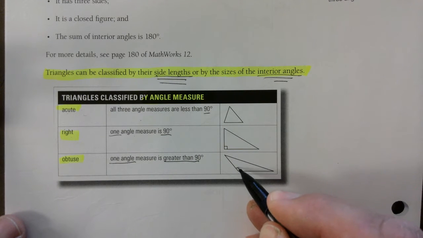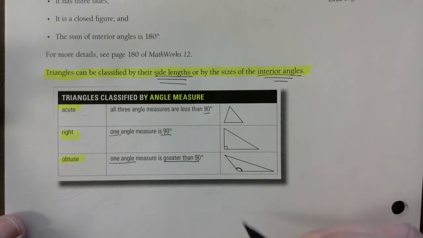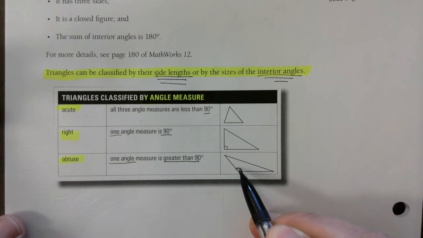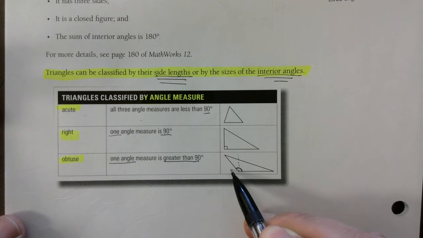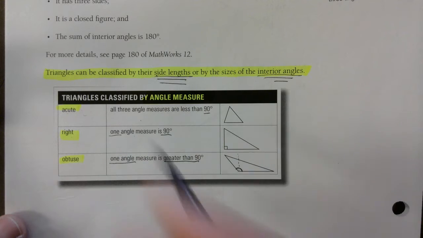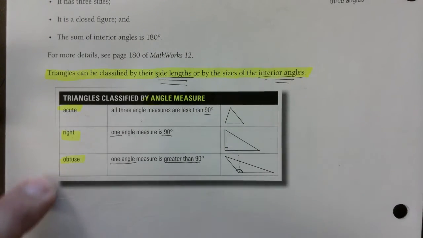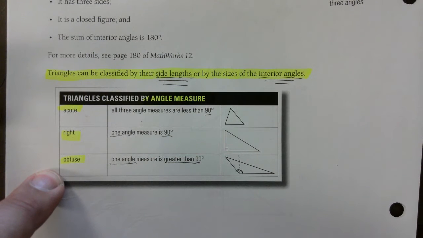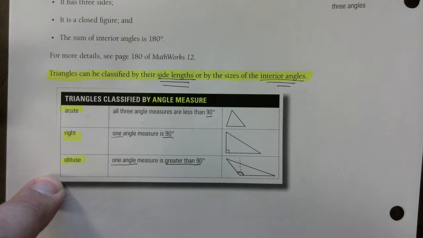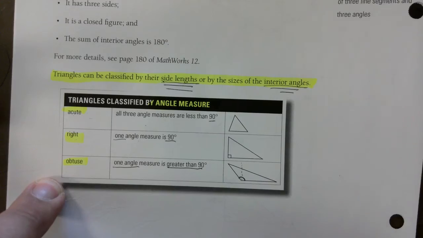So right there, that's the obtuse angle because it does look greater than 90. Always think of a 90 as right here. So this is greater than 90. So no news there: acute, right, obtuse. If I ask you to name it by angle measure, these are the three options you have. And then we go over to page 180.